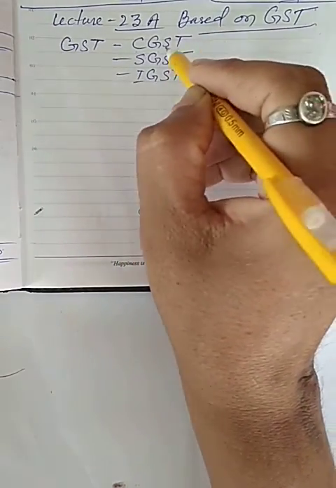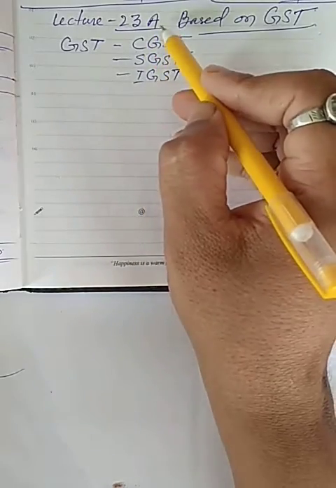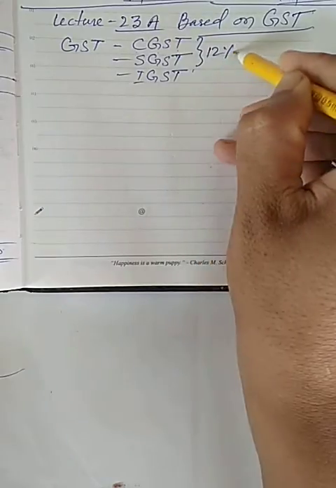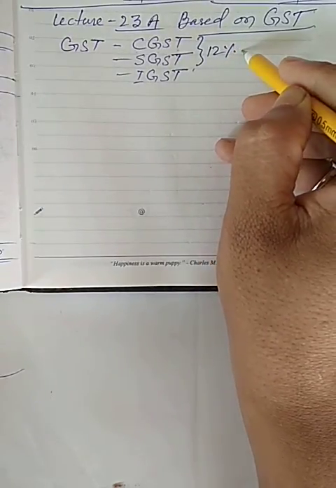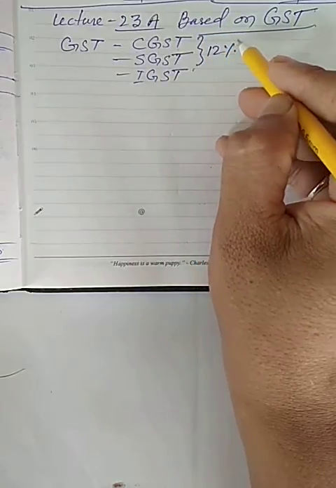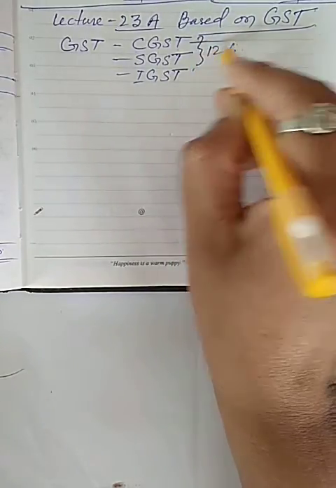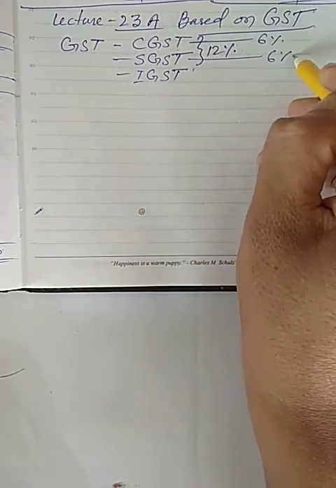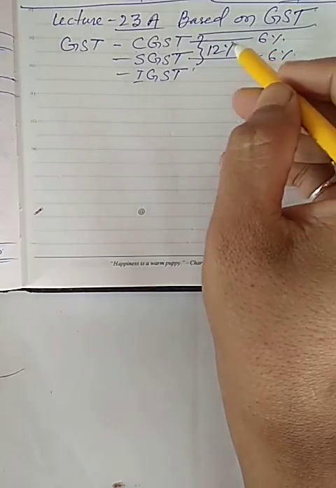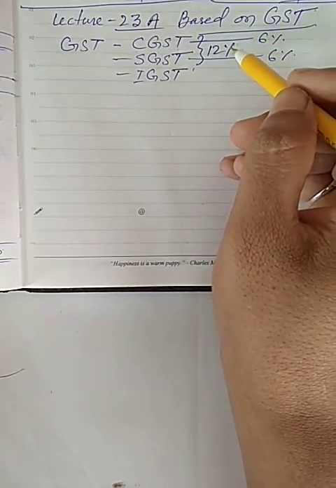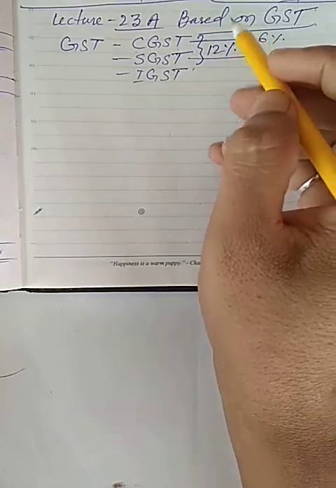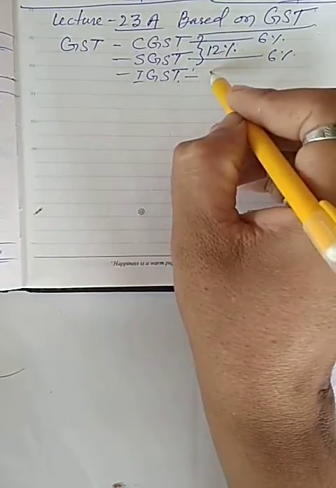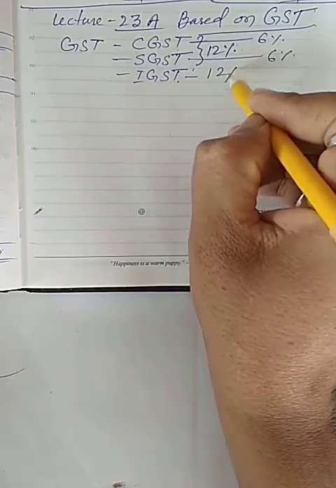Student, I have also explained that if the GST rate is, suppose, 12%, it will comprise 6% CGST and 6% SGST. In case of sale outside the state, it will be called IGST and it will be 12%.